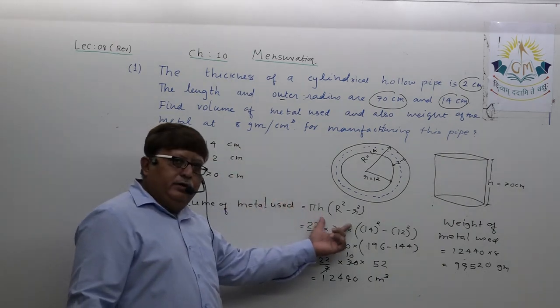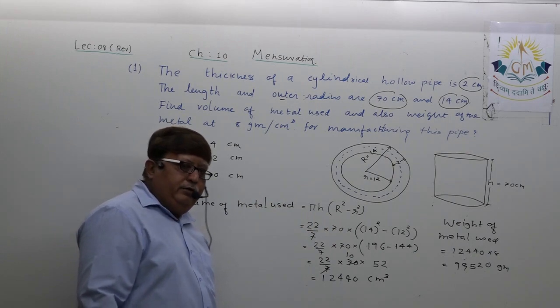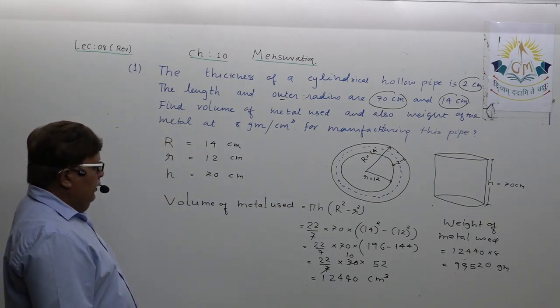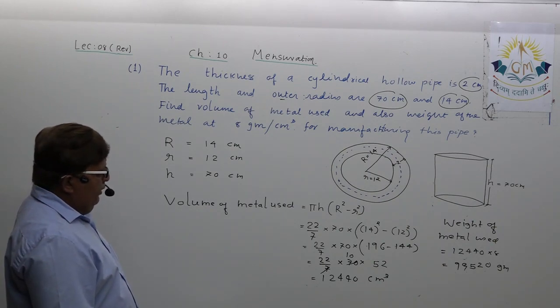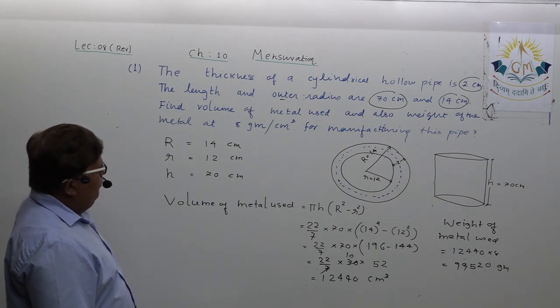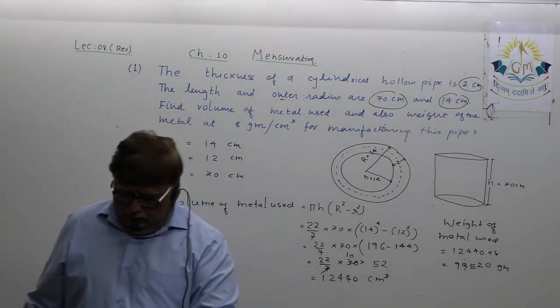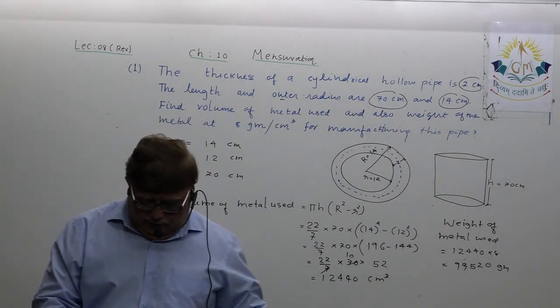You need to target this formula: pi h into bracket capital R square minus small r square.